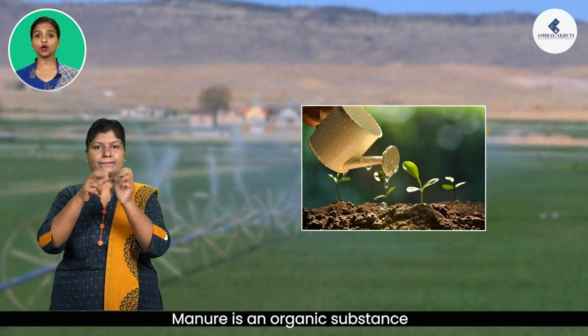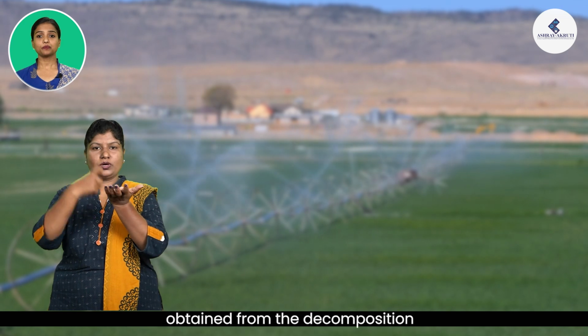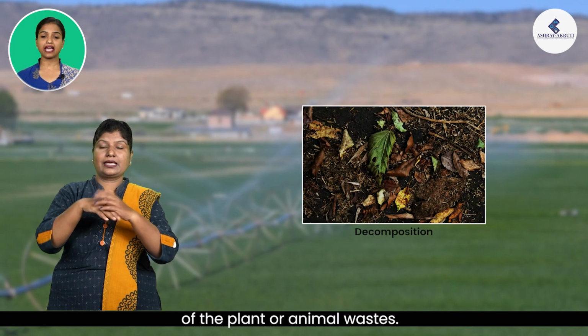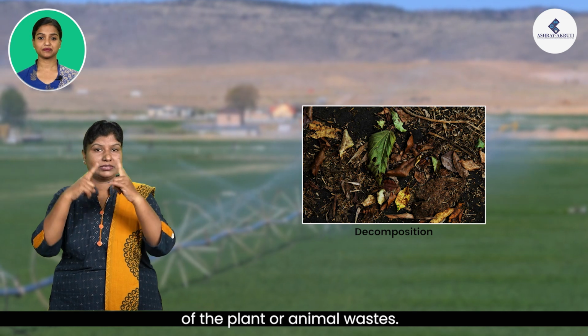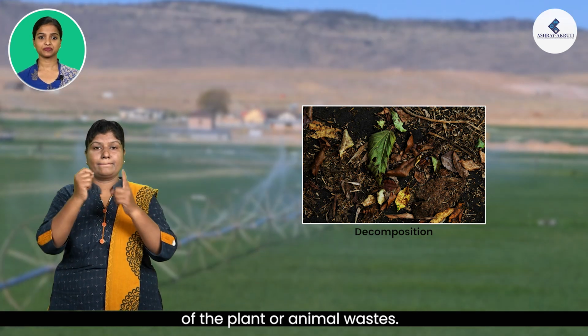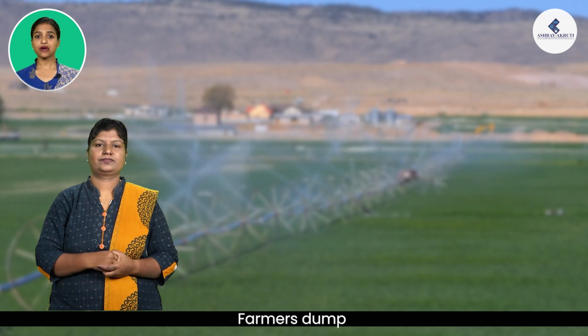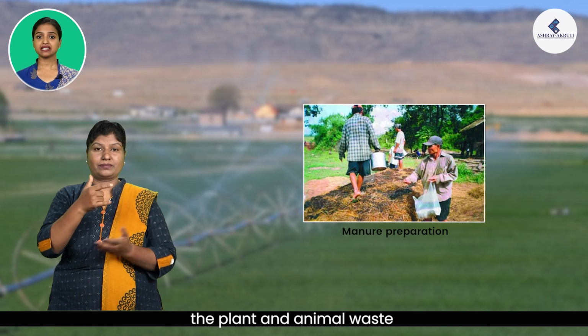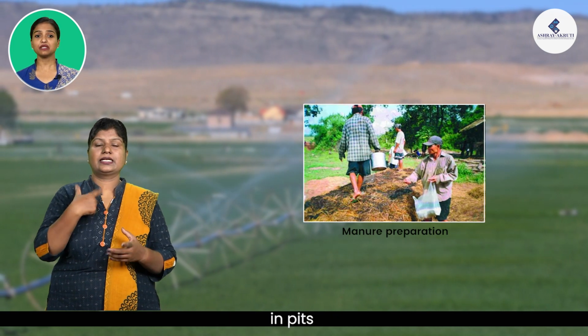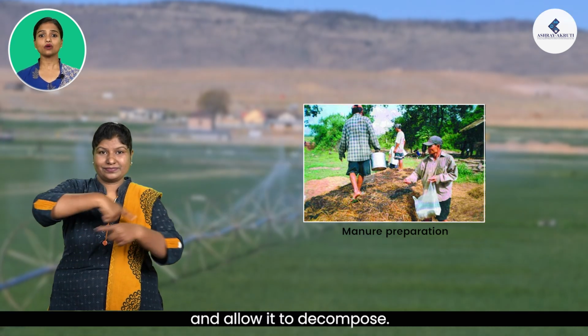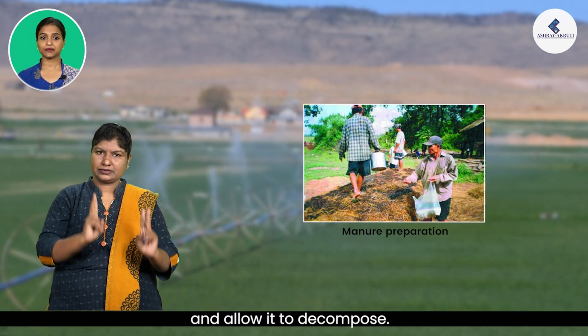Manure is an organic substance obtained from the decomposition of plant or animal wastes. Farmers dump the plant and animal waste in pits in open places and allow it to decompose.